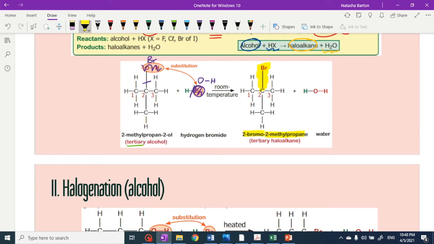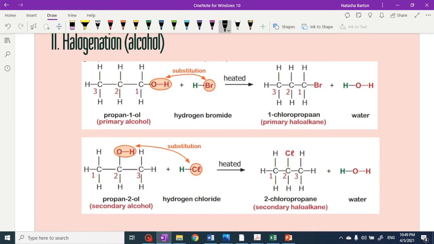So we now have a haloalkane forming and water. So notice that this takes place at room temperature. They've indicated it here, but you don't need to write down room temperature when I ask you to write down these reactions.